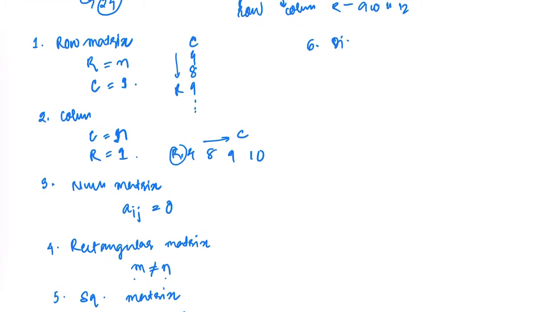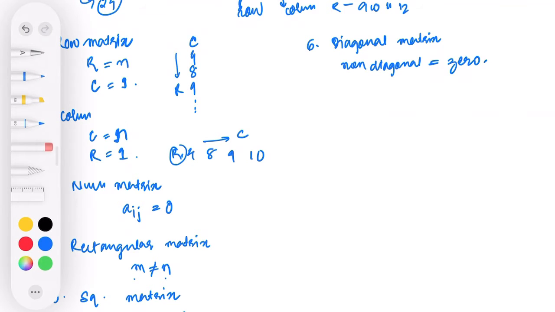Sixth, we have a diagonal matrix. Okay, in a diagonal matrix, all the non-diagonal elements are 0. Seventh, what is a scalar matrix?